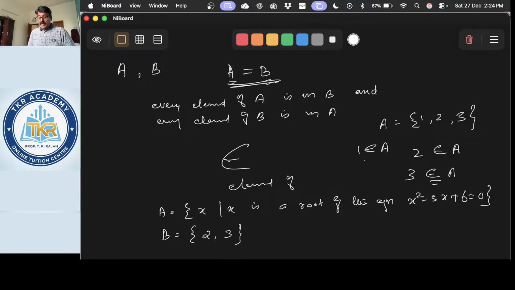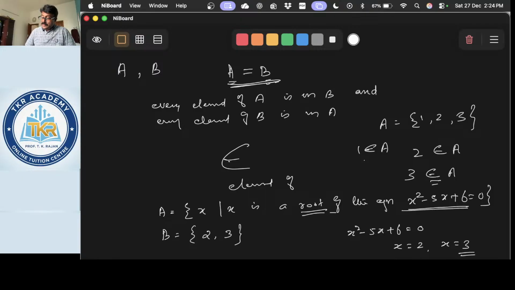Now to check whether A equal to B or not. B is very clear because the elements are clearly written here, 2 and 3. Whereas the elements of A we have to find out, because they are the roots of the equation x square minus 5x plus 6 equal to 0. Solving the equation, you can see that x equal to 2 is a root and x equal to 3 is another root.